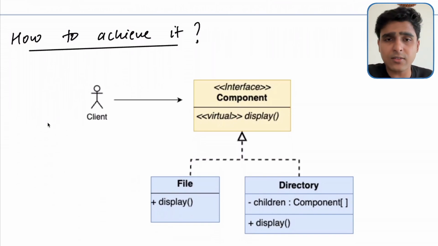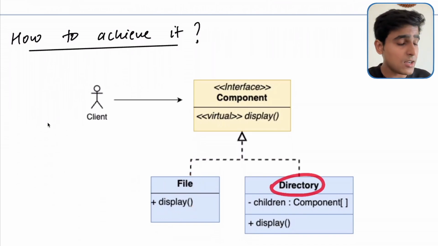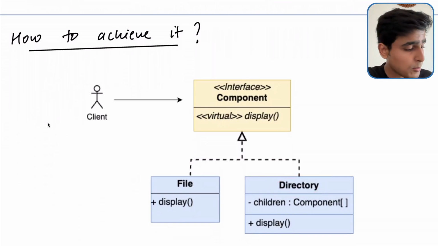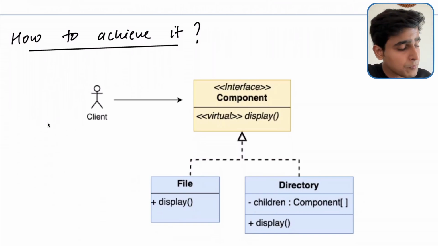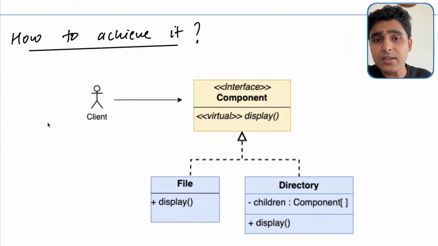For example, let's say we are talking about the file system example and we want to display the entire hierarchy if you give any directory as an input. So the function is display. Now the individual file object will also implement this display, and the directory, which in this case is a complex object because it contains components inside it, so its children are components. These components could be either file or directory itself, and it also implements this display function.